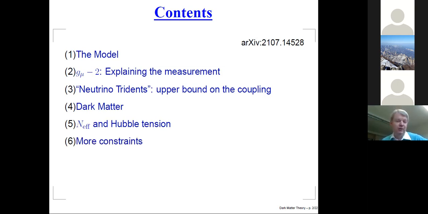There are some additional constraints that we have looked at, which, however, turn out to be not as constraining as the ones mentioned here. And finally, this model can also be used to at least partly explain the excess of 511 keV photons from the galactic center, which were first observed some 40 years ago or so, in the 1970s. And I'll summarize.